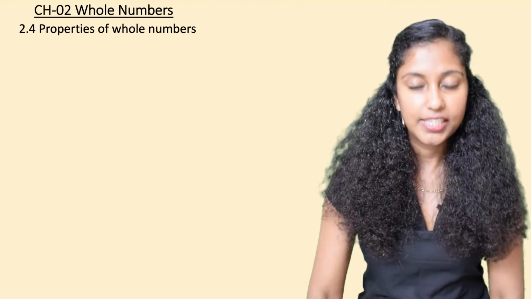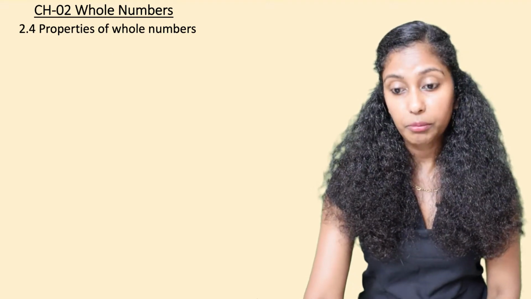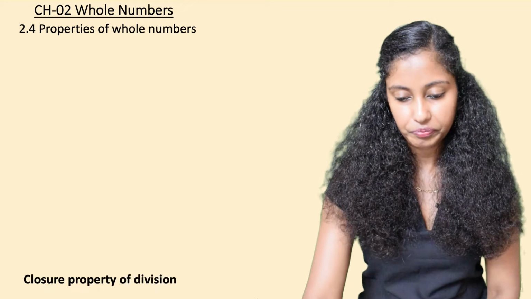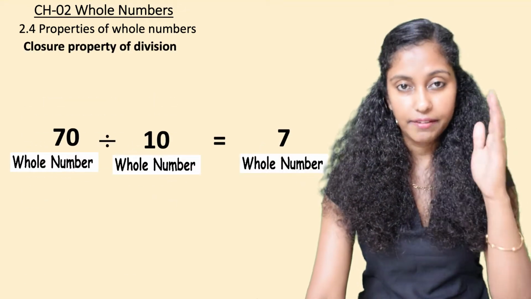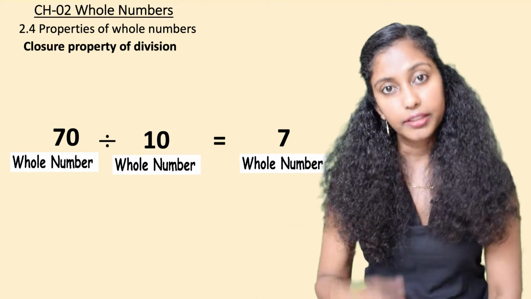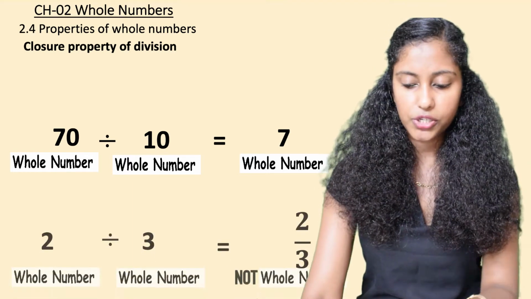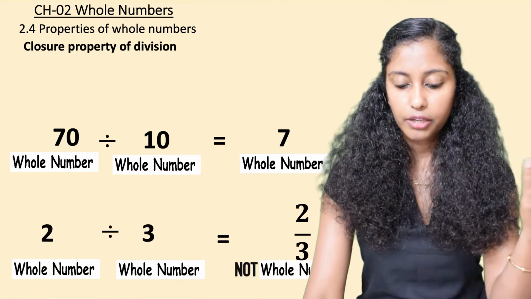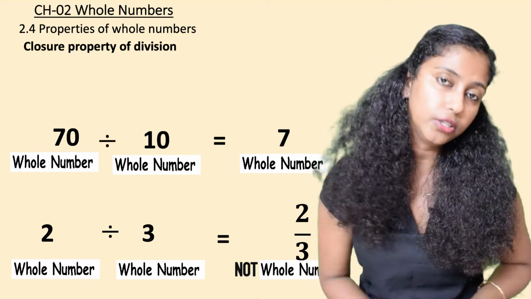Okay. Next, we proceed further just to check if this is applicable with division also. So, closure property of division. Here we see 70 is a whole number, we divide it by another whole number 10. The answer we get is 7, which is a whole number. Now let us try with some other numbers. We try taking 2 as a whole number divided by 3, another whole number.